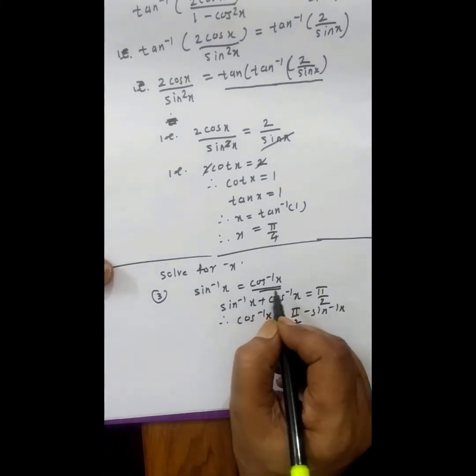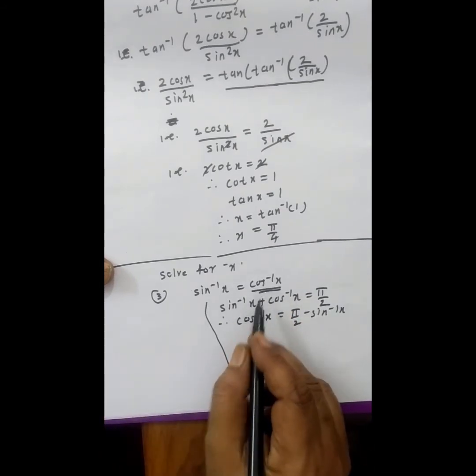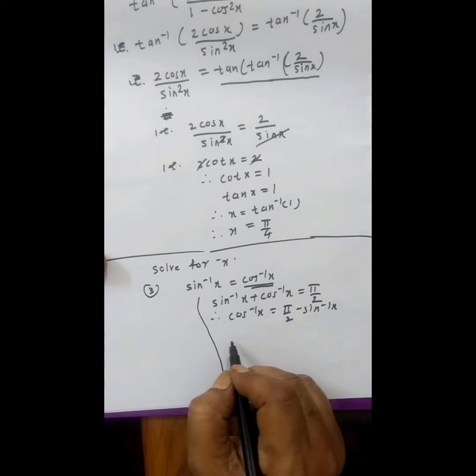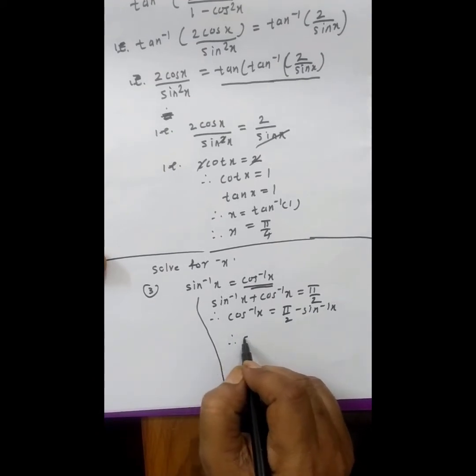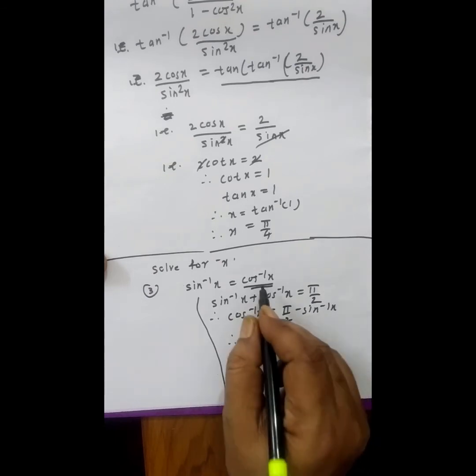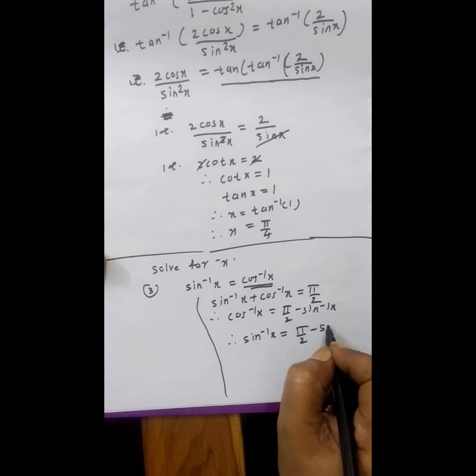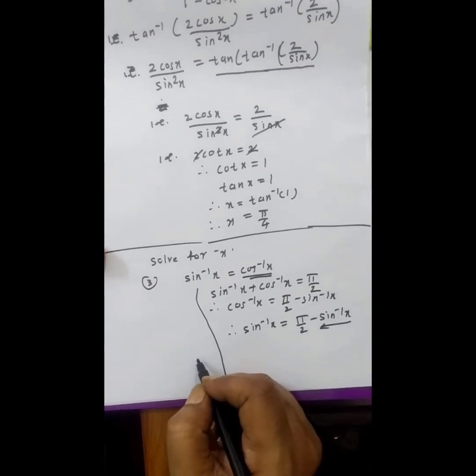So here this cos inverse of x can be replaced by pi by 2 minus sin inverse of x. So we can write sin inverse of x equals pi by 2 minus sin inverse of x. This sin inverse I will transfer to left hand side.